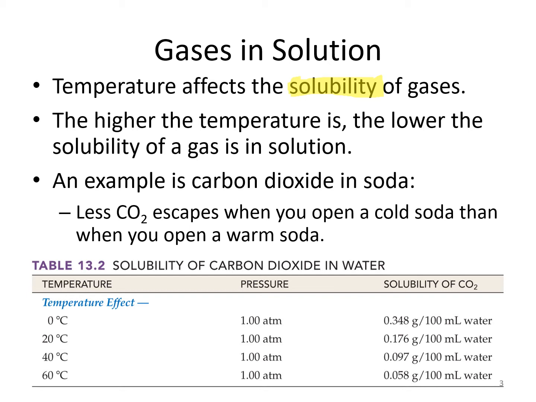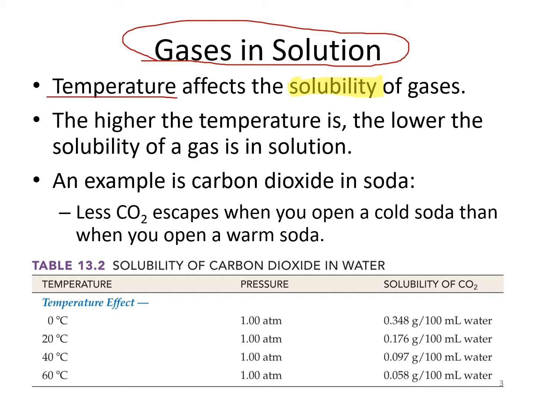So the things that we're going to talk about are only for gases dissolved in liquids, all right? So we're going to talk about temperature in a few different examples, but temperature affects solubility differently if you're talking about a gas in a solution versus if you're talking about a solid in a solution.